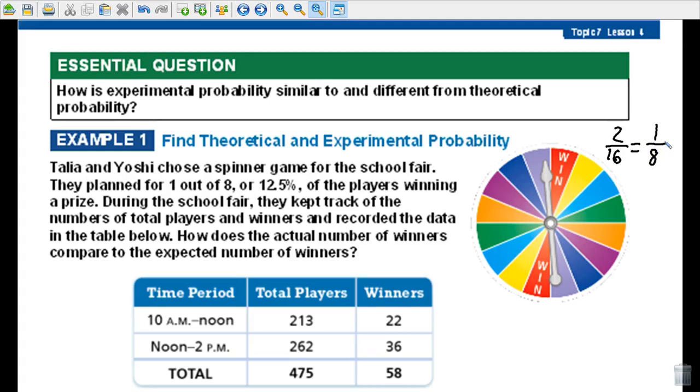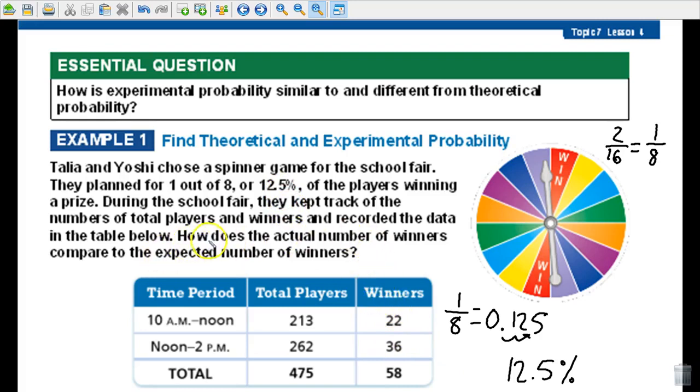So it is 1 out of 8, and if you do 1 divided by 8, that equals 0.125. And then as a percentage, you move the decimal over twice, or multiply by 100, whichever you want to do, and you get 12.5%. That is your winning percentage.